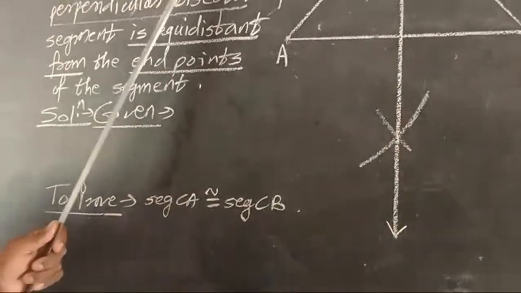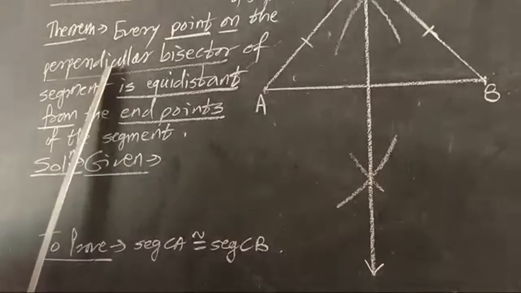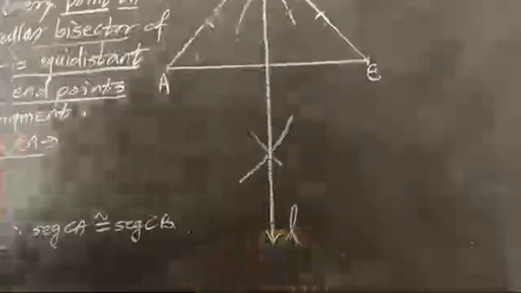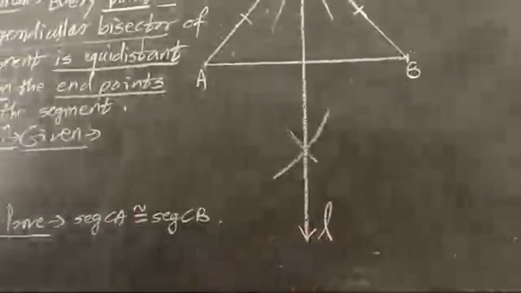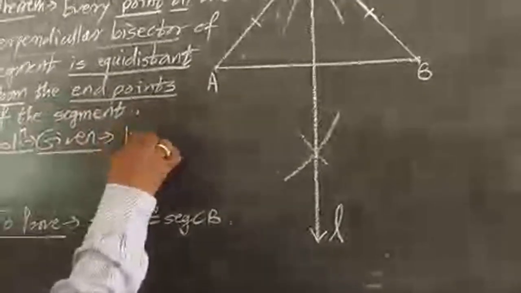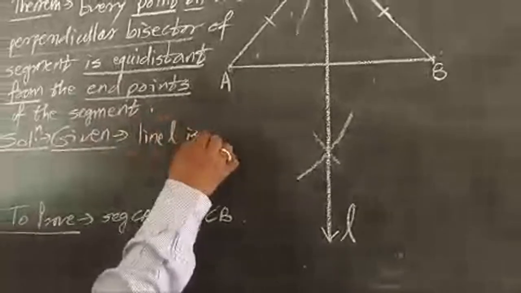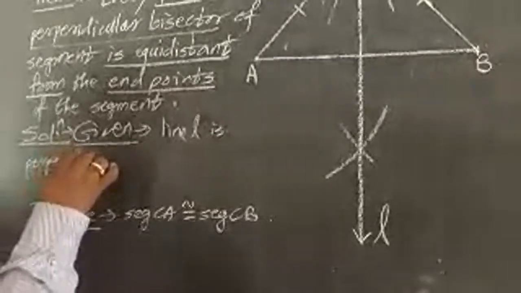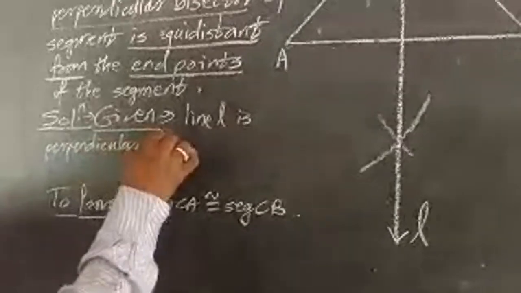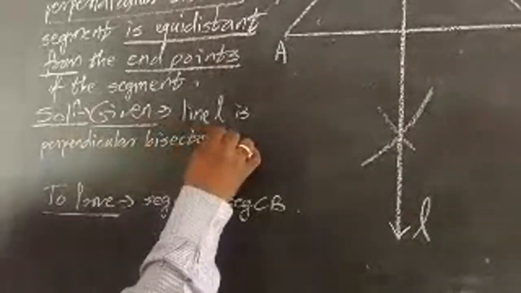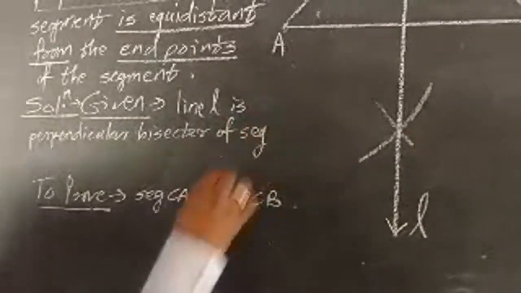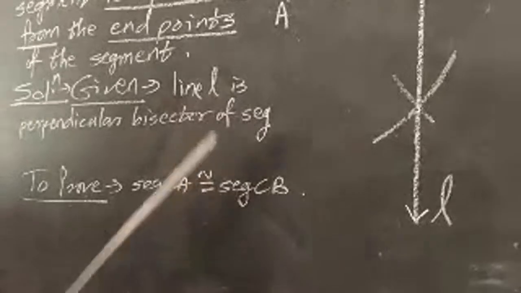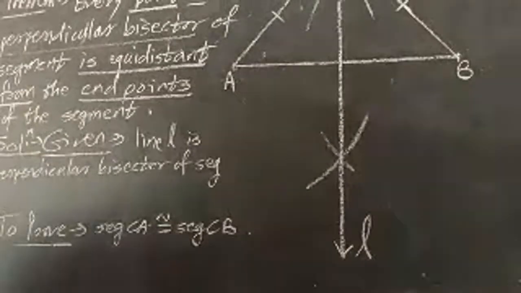And we write here which is the perpendicular bisector. It is line L. Line L is the perpendicular bisector of which segment? Perpendicular bisector of segment AB. Correct.